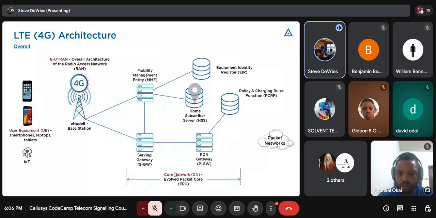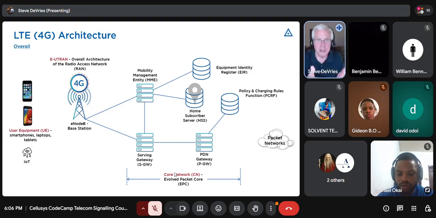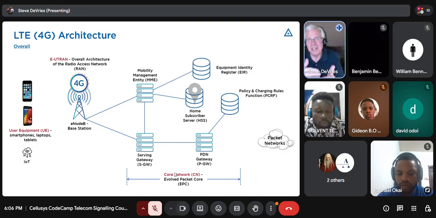Then you also have the HSS, the Home Subscriber Server, which is very similar to the Home Location Register. It's basically a next step up from a home location register. The HSS communicates with the mobility management entity.